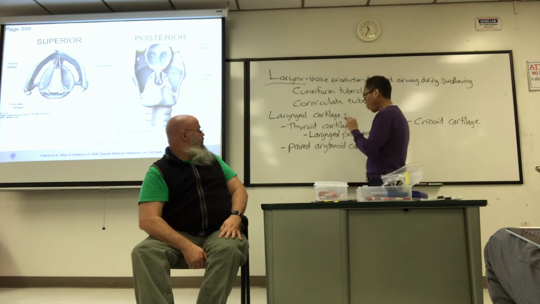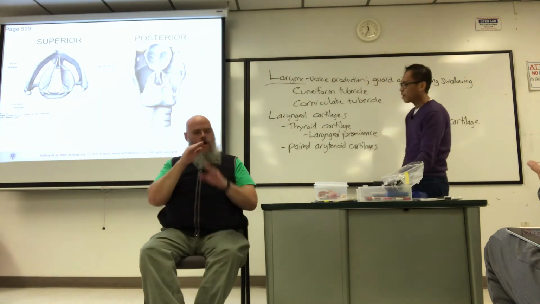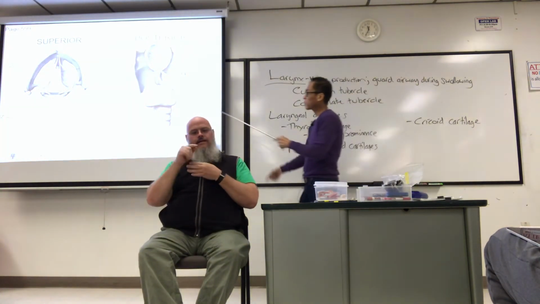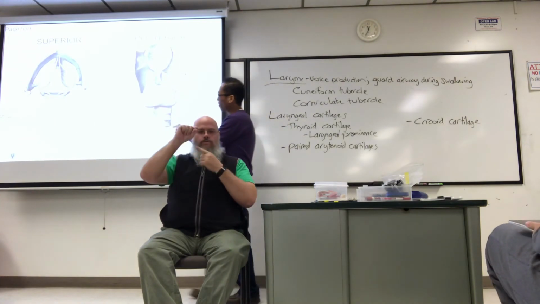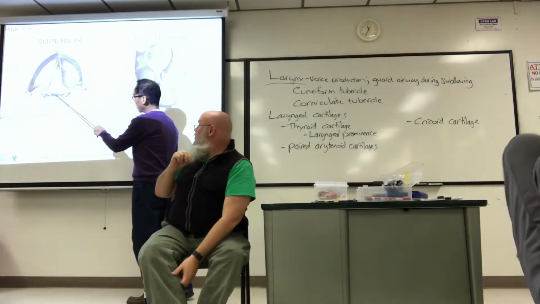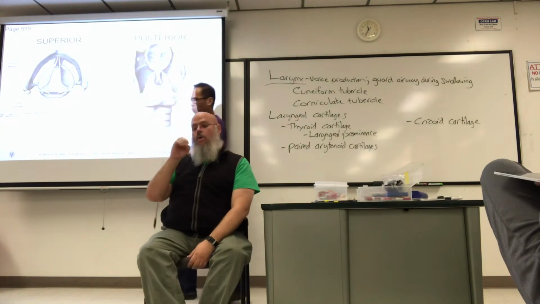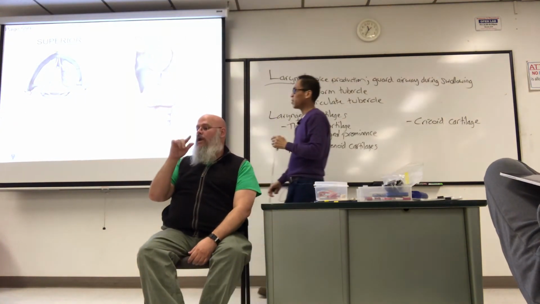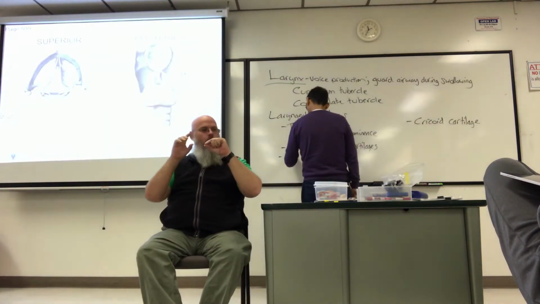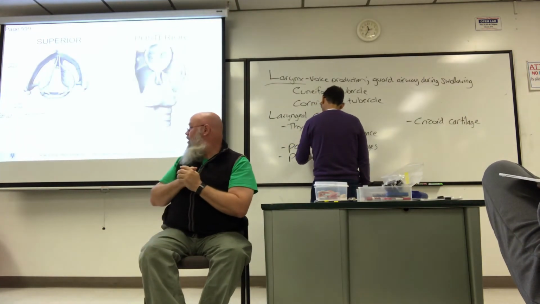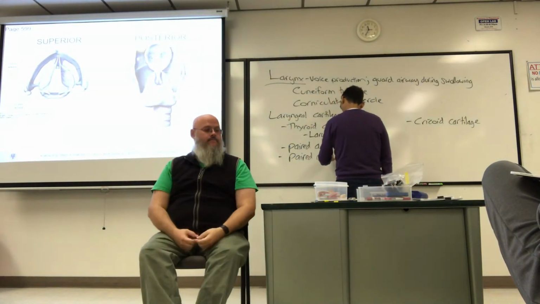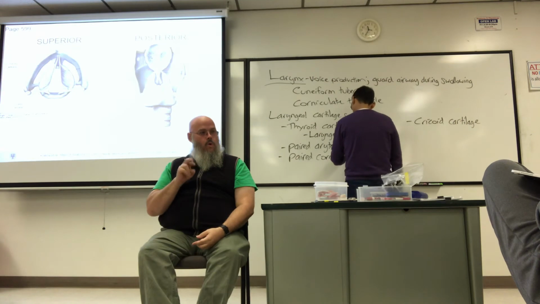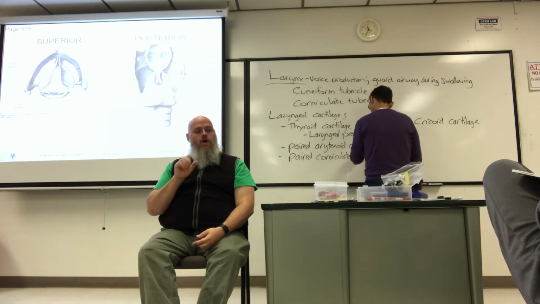And notice the horn tips on top of the paired arytenoid cartilages right there and right there. Those are the corniculate cartilages that created those corniculate tubercles you just noted. So they're also paired, so I'll put right under it, paired corniculate cartilages.